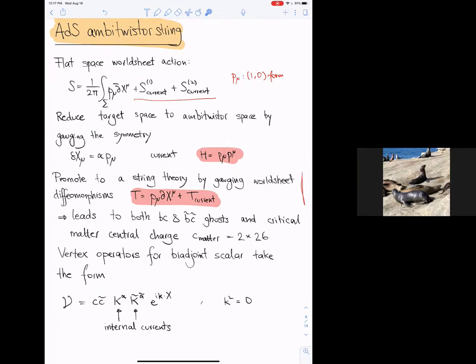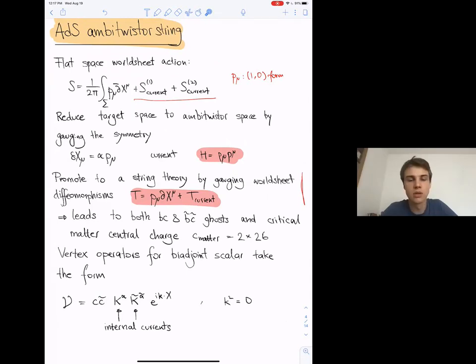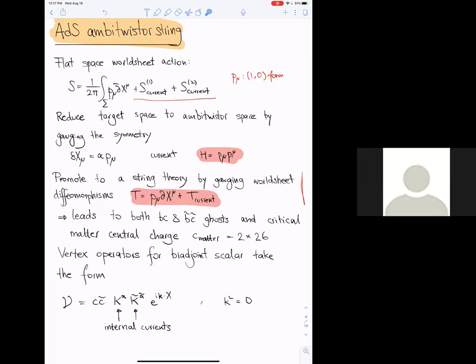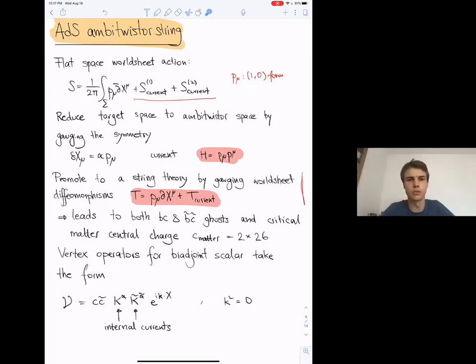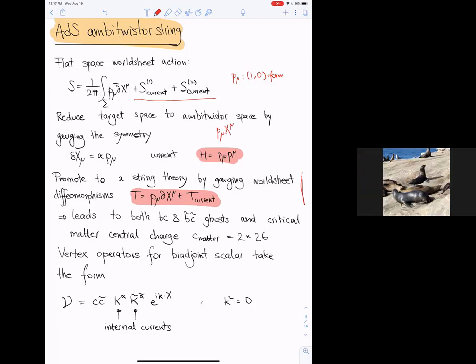You're gauging the delta X equals alpha P symmetry. That's not the U1 symmetry, because this alpha is a holomorphic vector field for that to work, because X is a 0-form and P is a 1-form. And the corresponding current is spin 2, this H. Okay. So the U1 symmetry you're talking about would be something like P mu X mu, right? That would be the U1 current. Right, I see. Thanks.